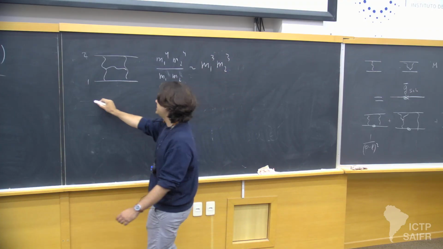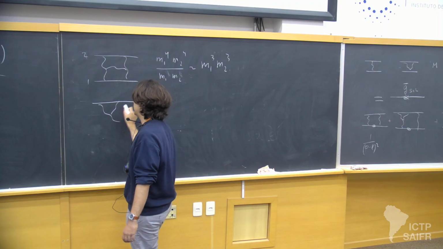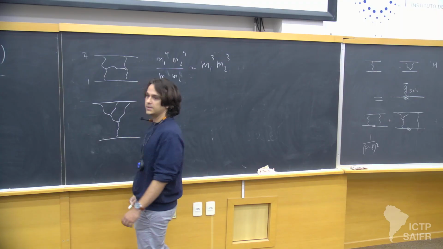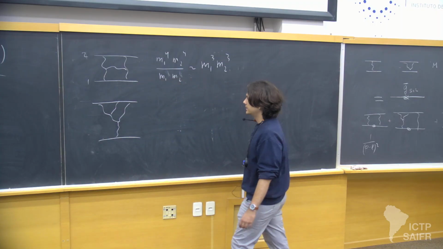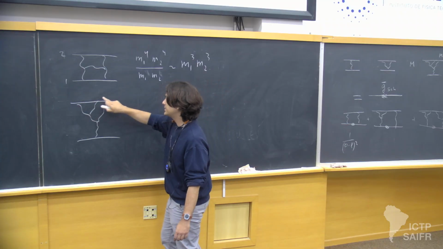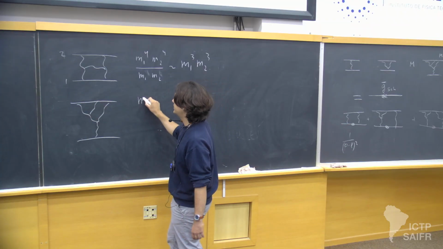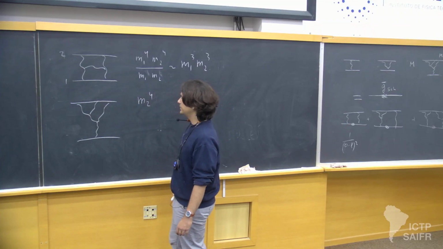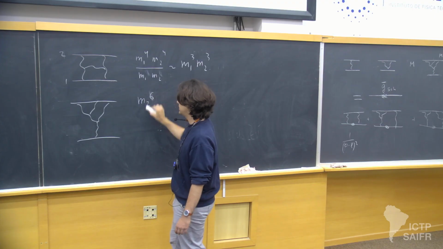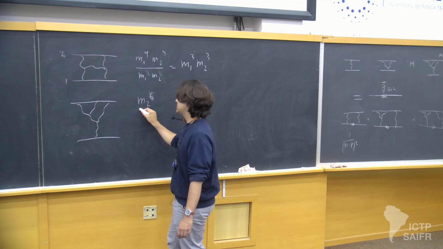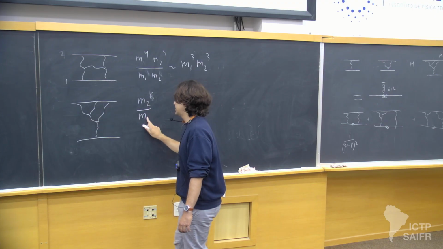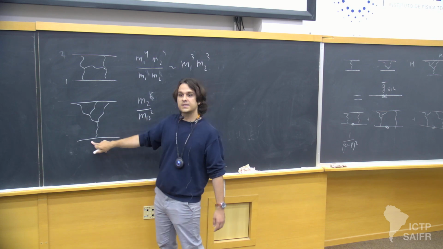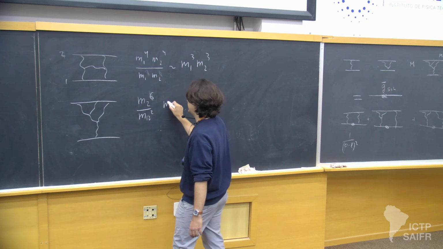And let's compare this with this fan, which I told you was just the geodesic motion. So this fan, now I have 3 insertions of m2. So I have m2 to the 6. I have 2 propagators here, so I have m2 squared. And I just have 1 m1 squared.